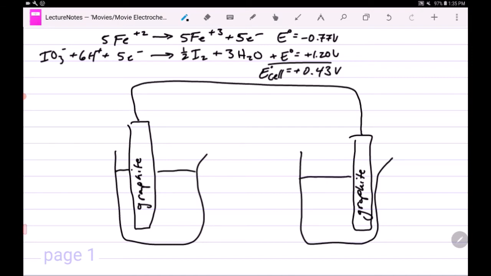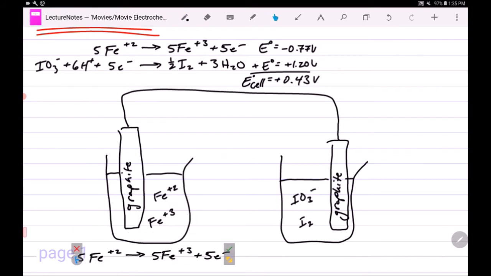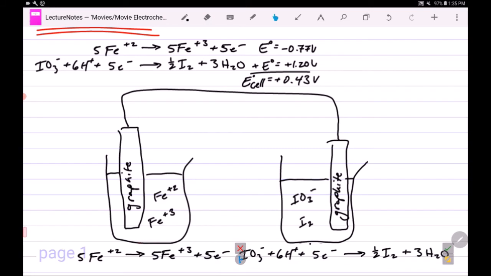In one beaker, I'll have iron ions, and in the other beaker, I'll have iodate, and that will be becoming iodine. We'll write the half reactions underneath the beaker they go to. And they're big and fat half reactions, so it's a problem.